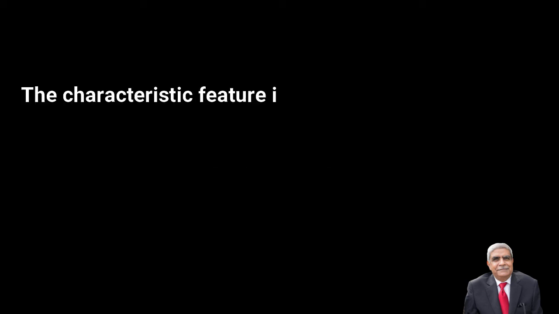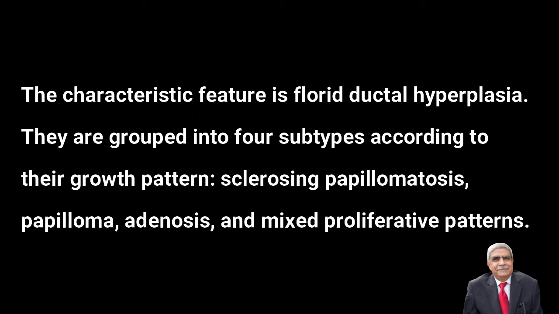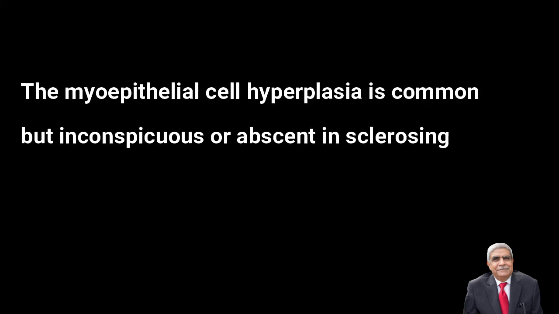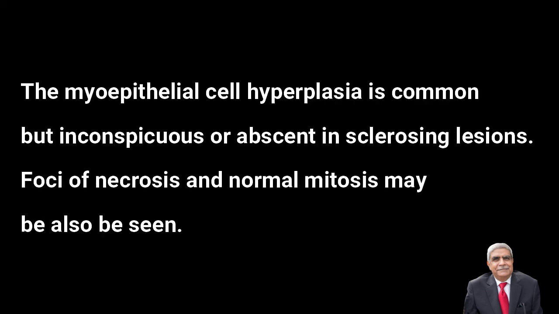Microscopic features: the characteristic feature is florid ductal hyperplasia. They are grouped into 4 subtypes according to their growth pattern: sclerosing papillomatosis, papilloma, adenosis, and mixed proliferative patterns. Myoepithelial cell hyperplasia is common but inconspicuous or absent in sclerosing lesions. Foci of necrosis and normal mitosis may be seen.